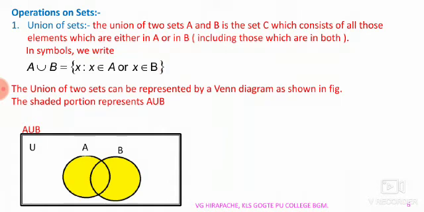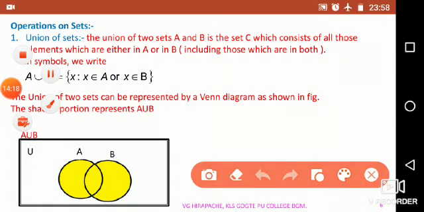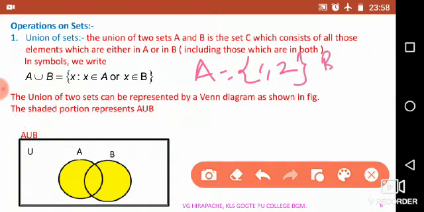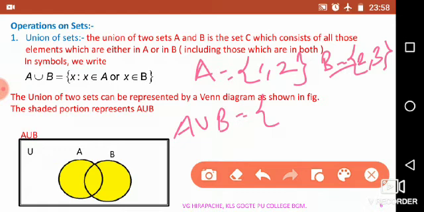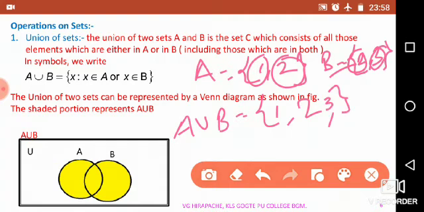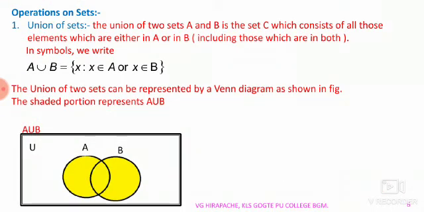For example, if I take one set A containing the elements 1, 2, and another set B containing the elements 2, 3, we should find A union B, which equals the elements which are in A or in B or in both. 1 is in A but not in B, so it is a member of the set. 2 is in A and also in B, therefore we write it only once. 3 is in B but not in A. Therefore the union of these two sets can be written as 1, 2 and 3.